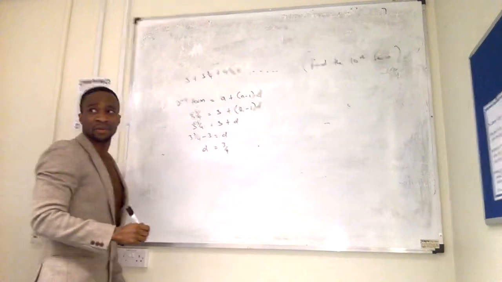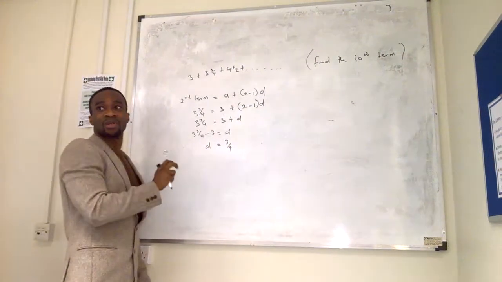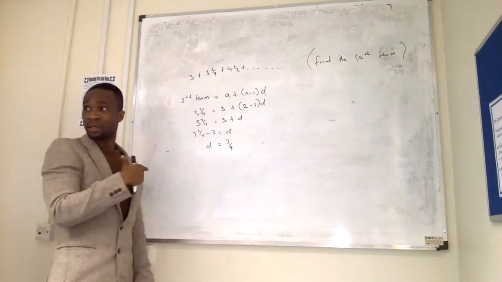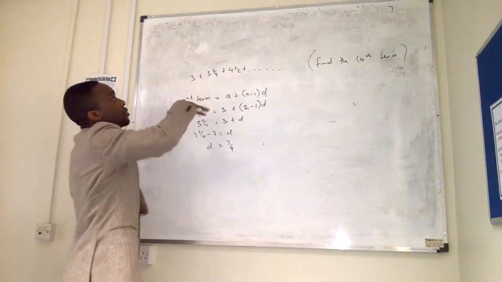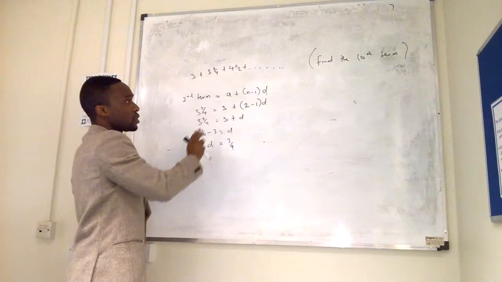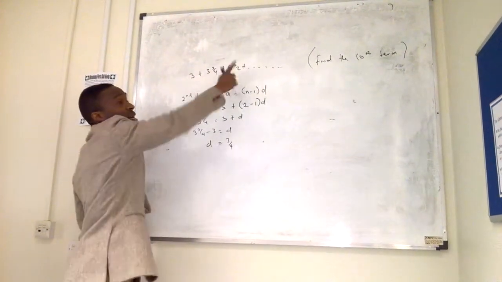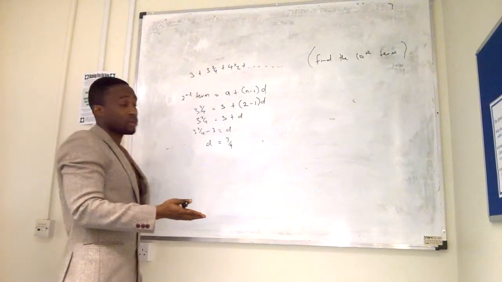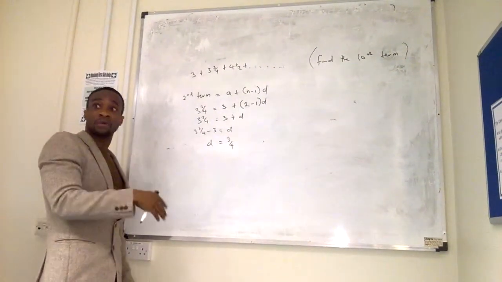It's always much better: even if they give you letters or anything, if you do it this way, you always get it right. Just pick the second term. You can pick any term you want, but I always prefer the second because it's much easier to work with.